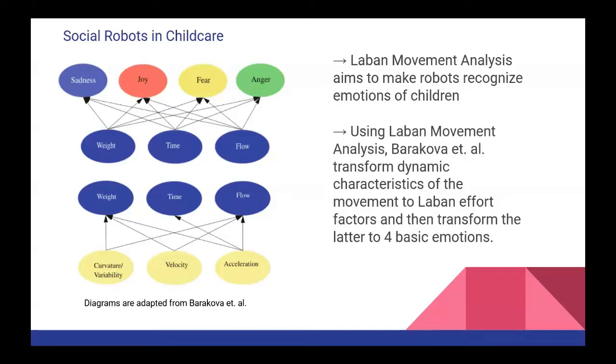Using Laban movement analysis, Barakova et al. transform dynamic characteristics of the movement to Laban effort factors such as weight, time, and flow, and then transform the latter to the 4 basic emotions: sadness, joy, fear, and anger.